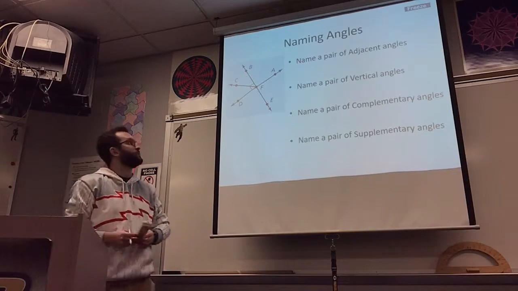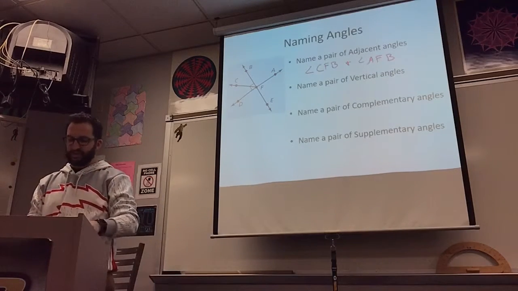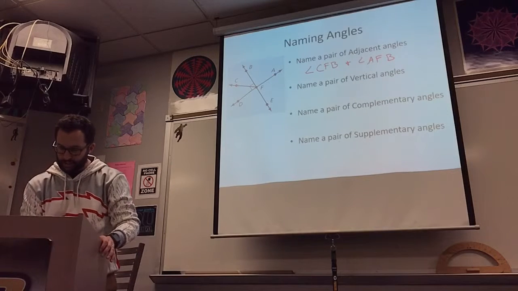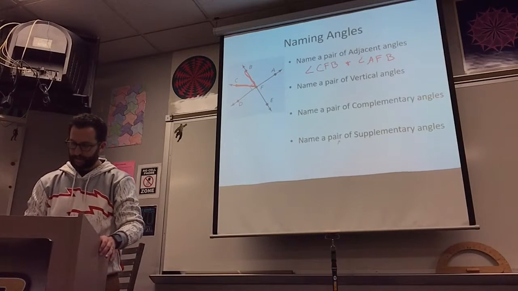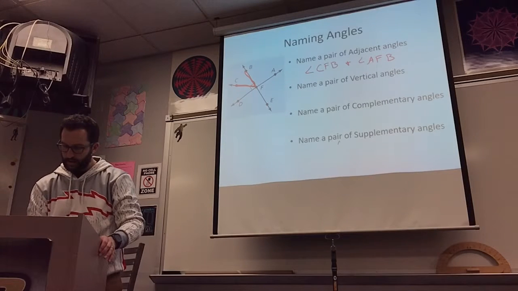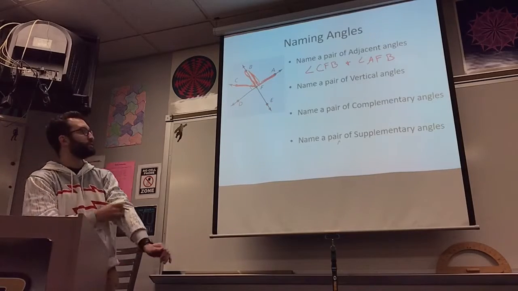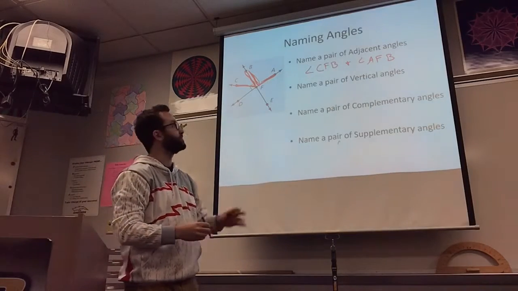All right, cool. Let's bring it back in. So this is the pair of adjacent angles that I made. Angle CFB, and then I made angle AFB. What do you notice in common between my adjacent angles?